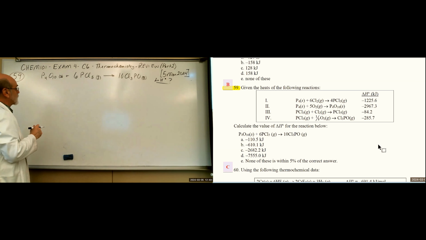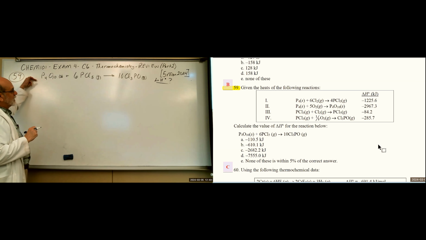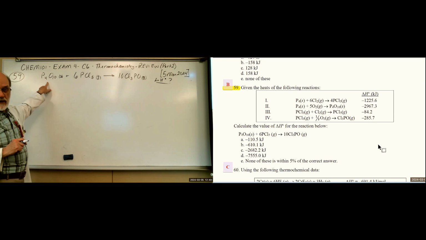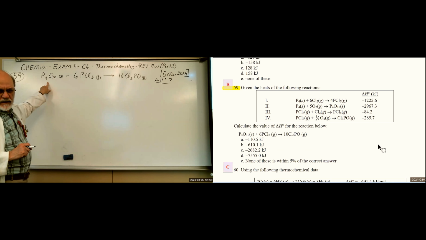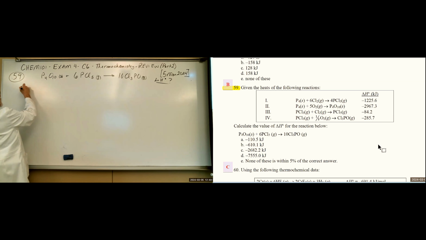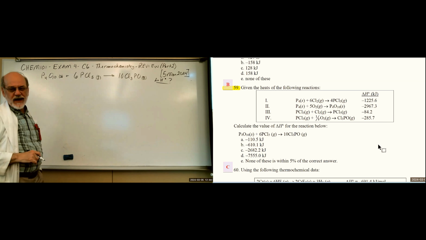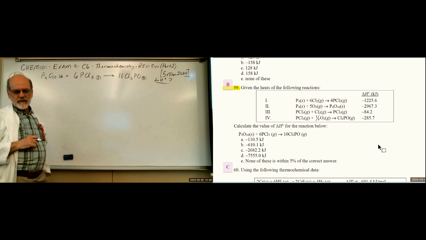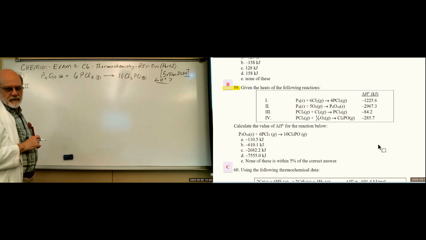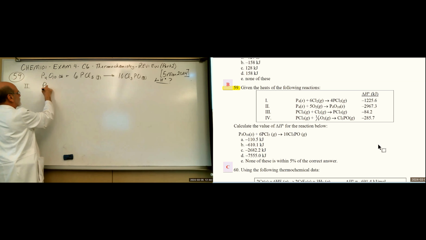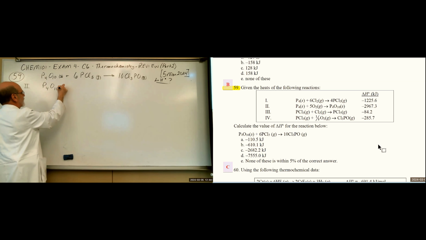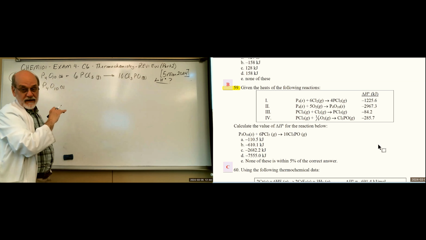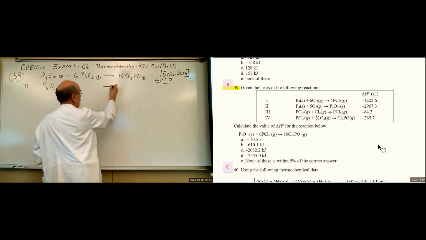All right. So let's just take them one at a time. P4O10. Who has P4O10 in it? Equation 2, right? Okay. So equation 2 has P4O10 in it, only it's on the wrong side. So can we save some time and just flip the equation? Let's flip it. P4O10 on this side, and I'm going to line up the arrows.